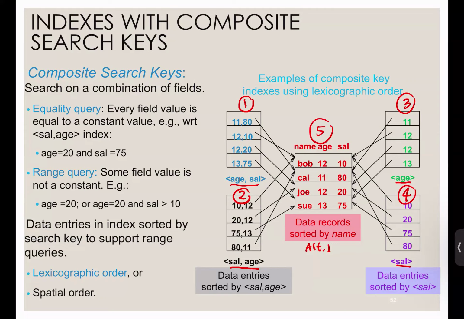Okay, now let's say I have an equality query, like where age equals 20 and salary equals 75. Which option would be my best choice for indexing? This is equality only. Age equals 20 and salary equals 75. Okay, think about it.